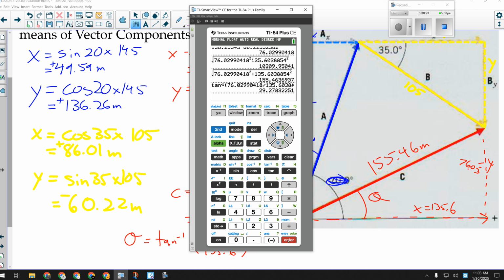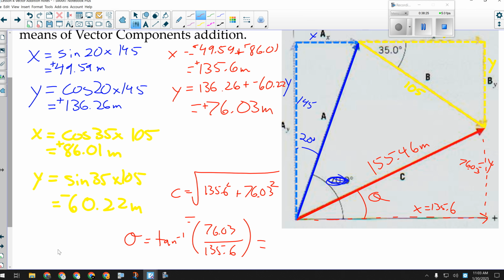So that ends up being 29.28 degrees, and because we weren't told compass directions here, all I can say is it's above the positive x-axis.